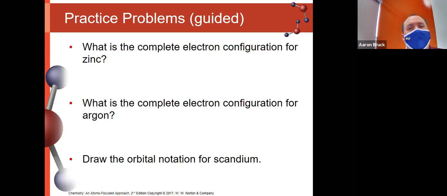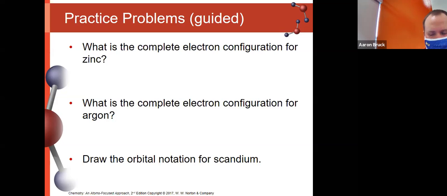I'm going to be hopping back and forth a little bit between the two. Ultimately, what we have to do is identify the sublevel for the last electron. We identify which electron in that sublevel it is, and then we can work backward, filling up all the sublevels that preceded it using the periodic table and that map as a guide.